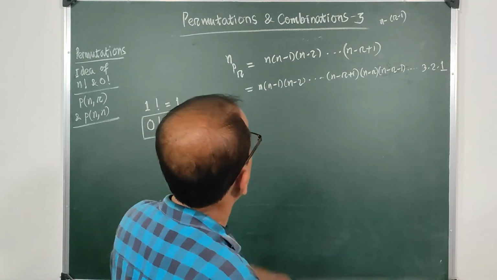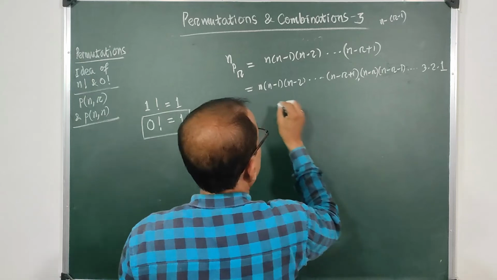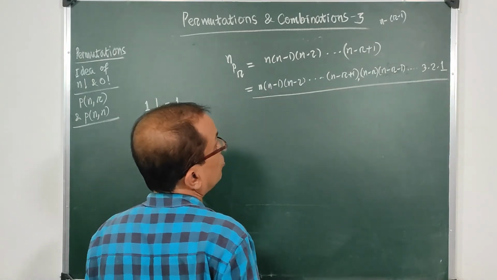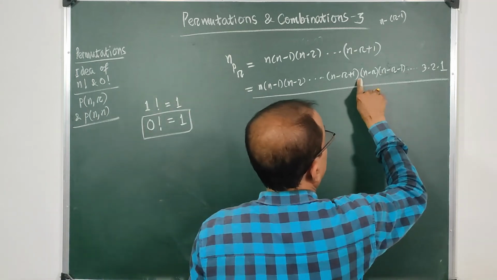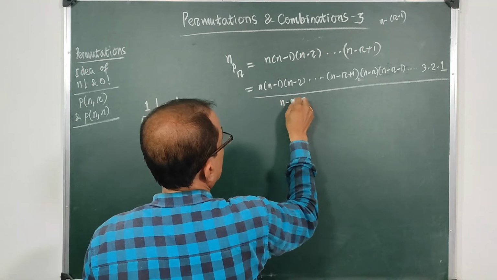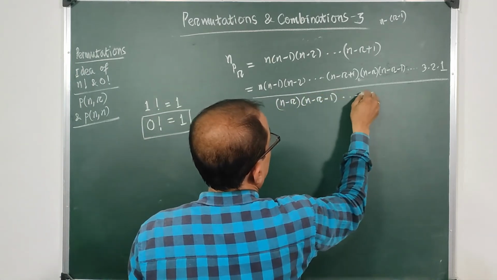But in the previous expression it was up to n minus r plus 1. So what have I taken more, which was not there, the factors from this to this. So let me divide those factors here so that it retains its original value.